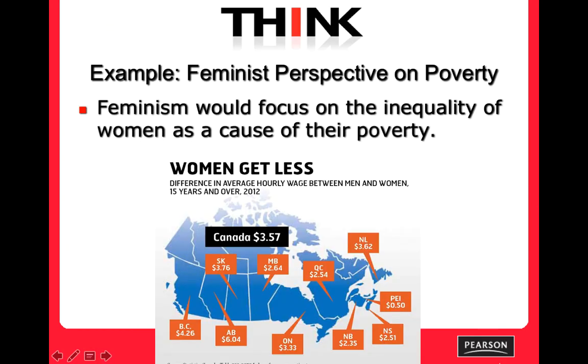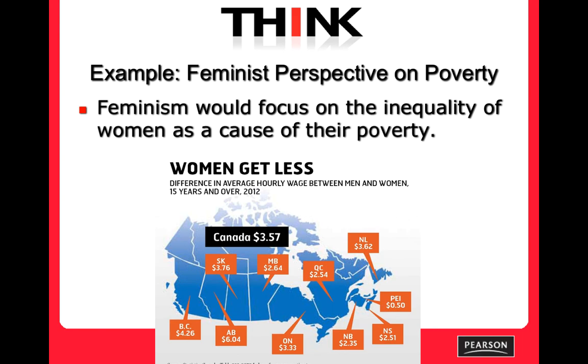So an example of how the feminist perspective might approach our sample issue of poverty, feminists would focus on how poverty affects, of course, women in particular. They might look at how social structures and policies result in more women than men being poor. They would ask what changes would have to be made to the social, economic, and political systems in order to reduce the poverty of Canadian women.